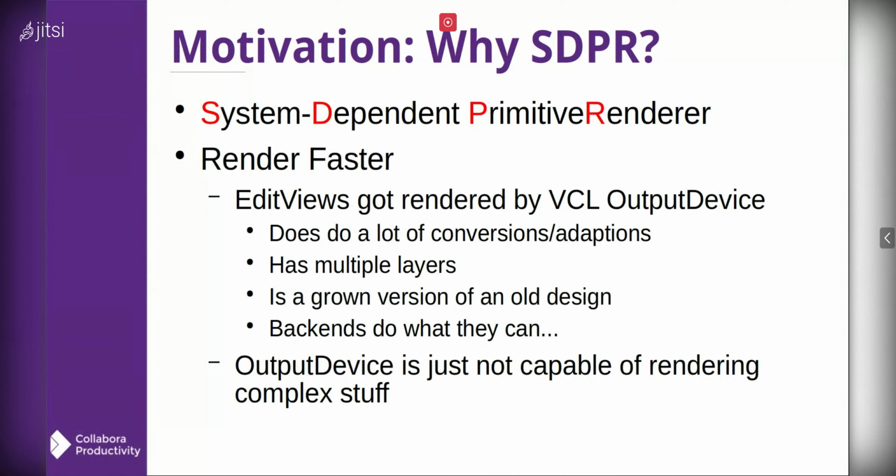Until now, everything got rendered by the VCL output device, which does a lot of conversions, multiple layers, a grown version of an old design. Don't forget, at the real beginning, it was just a Windows version, and you can see it because the API of output device still has these big parts of Windows GDI with brushes and pens and all that stuff.